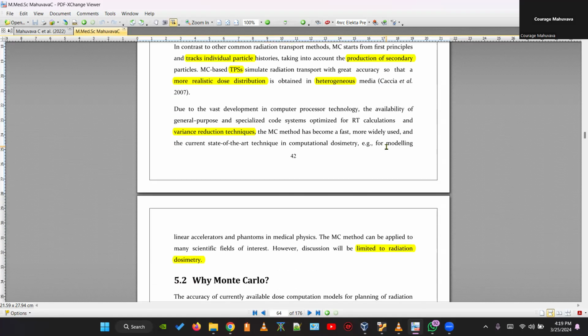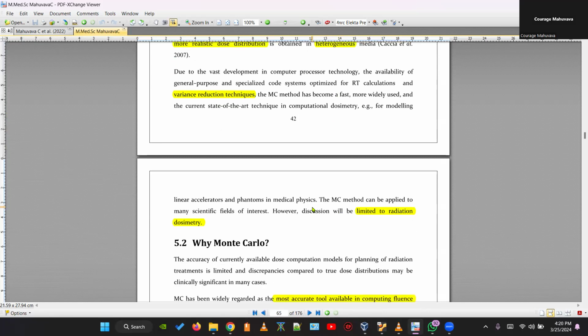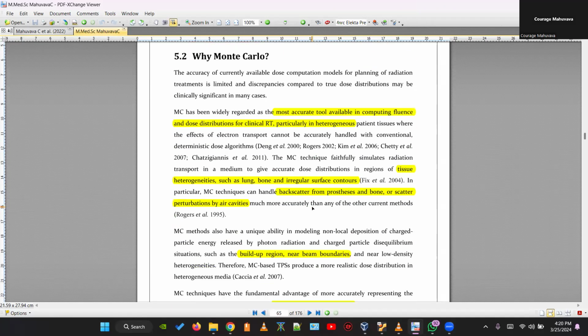So like I said, the concern about processing speed or the dose calculation time has been reduced due to the introduction of better computers and variance reduction techniques. In terms of why we use it, it's not only because of its accuracy, but because of its ability to faithfully simulate radiation transport in tissue heterogeneities. Like I said, we not only have lung, bone, soft tissue, and other heterogeneous media, but we also have irregular surface contours.